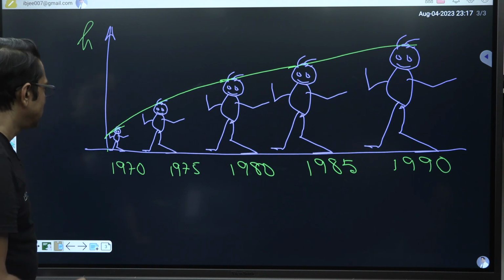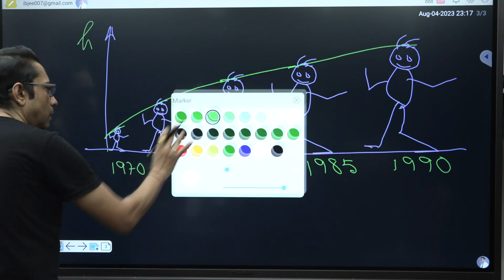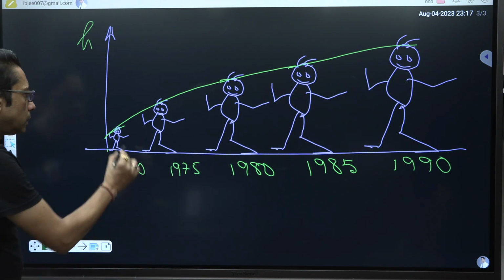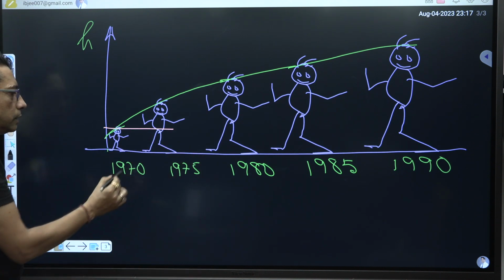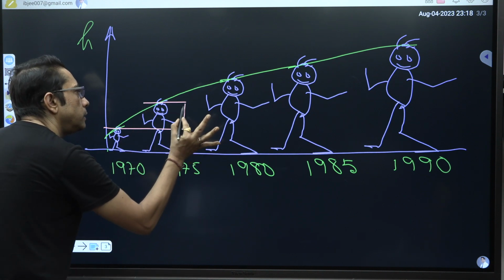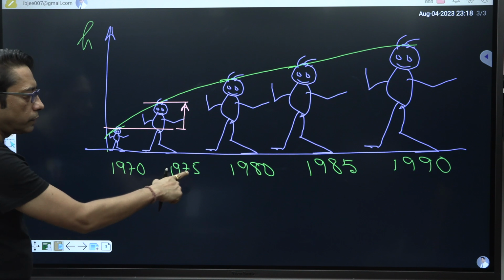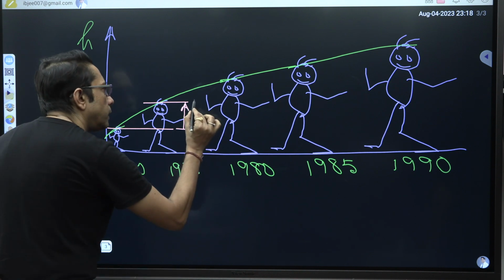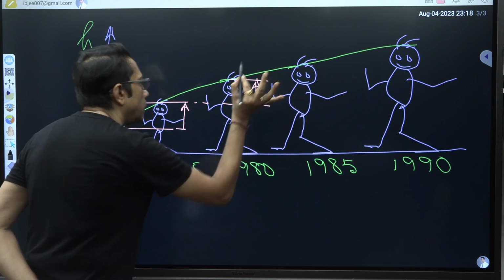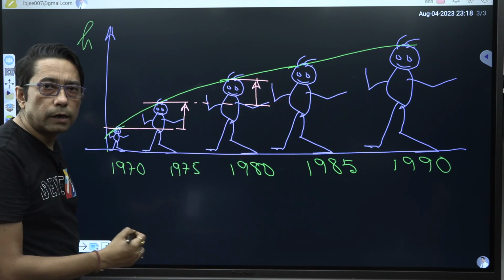Now see this. Fun part is gone. Now understanding part. In 1970, his height increased by this value after 5 years. And after the next 5 years, his height increased by this value, which is somewhat less.